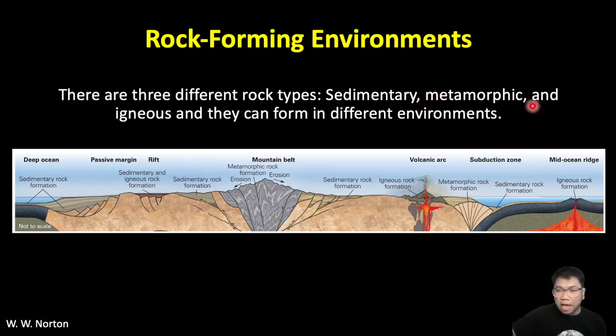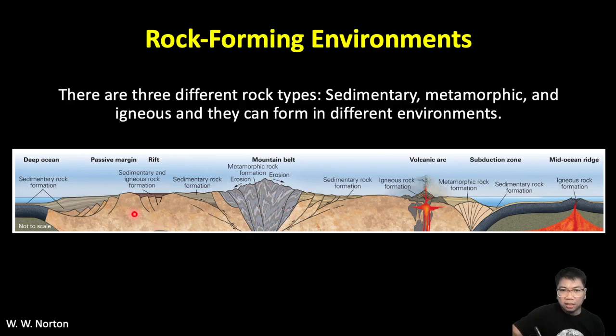And the second one is metamorphic rocks. Again, as I mentioned earlier, metamorphism involves increases in pressure and temperature. A great environment to have high pressure and temperature would be somewhere here. This is a collisional zone between two continents.